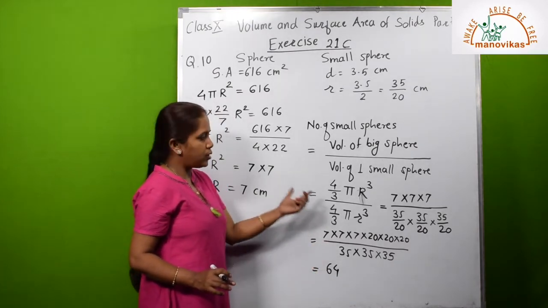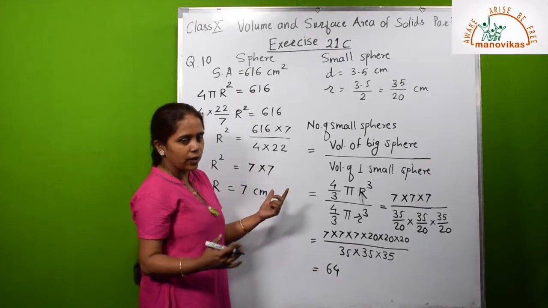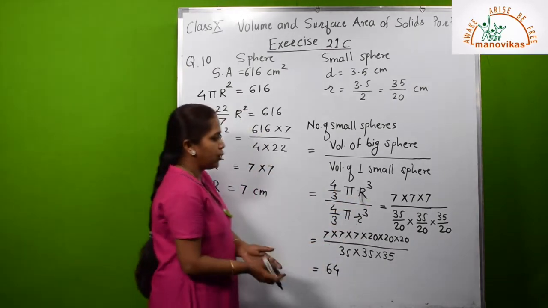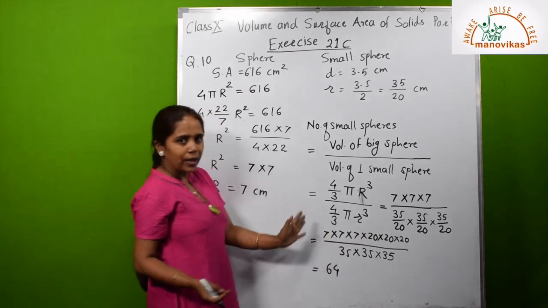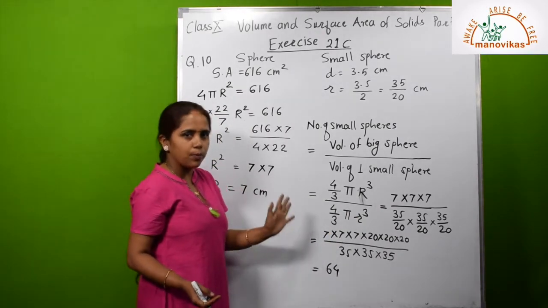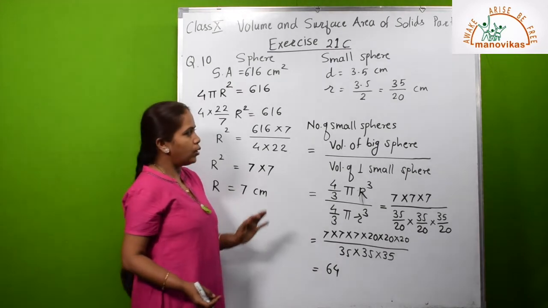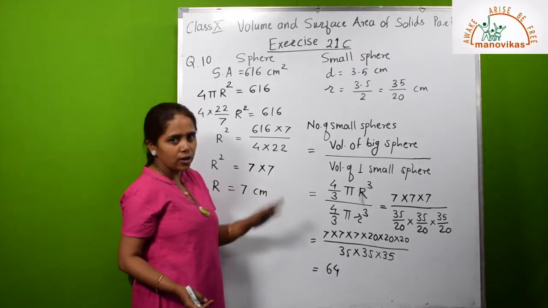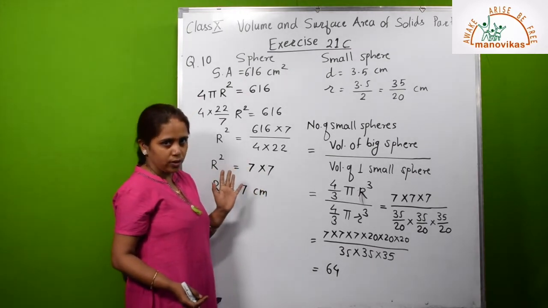Instead of finding the big value first and then the factors again, here you only substitute the values and cancel the similar factors to make the calculation simple. Otherwise, if you find all the values separately and then divide, it will be very difficult.